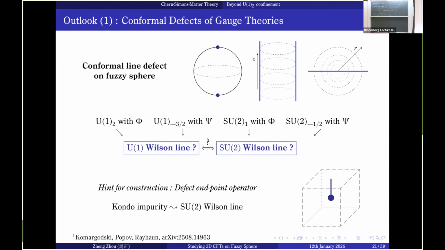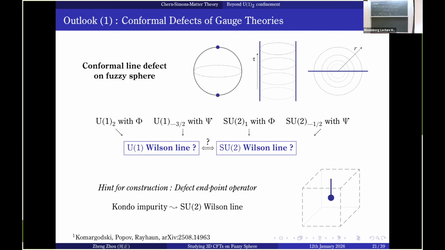Now, these gauge theory descriptions give us an ample playground for studying defects. For example, each of these descriptions has a Wilson line, and the Wilson line can be regarded as some kind of defect. We want to ask, how do these Wilson lines behave, and how do we construct them?